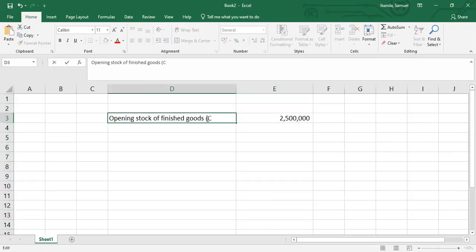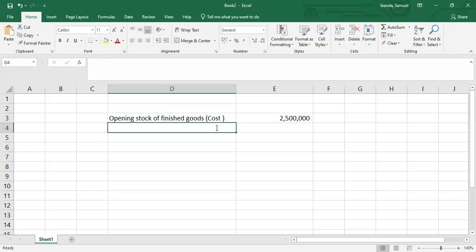This is at cost, okay? So we have to add the markup to determine the unrealized profit, which is the 10% factory profit.